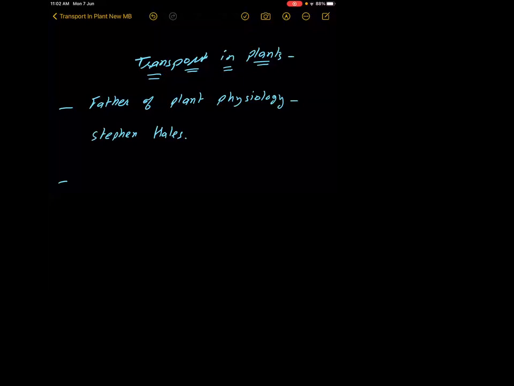Anatomy means just internal structures. I think you have all these ideas: morphology, anatomy, physiology.